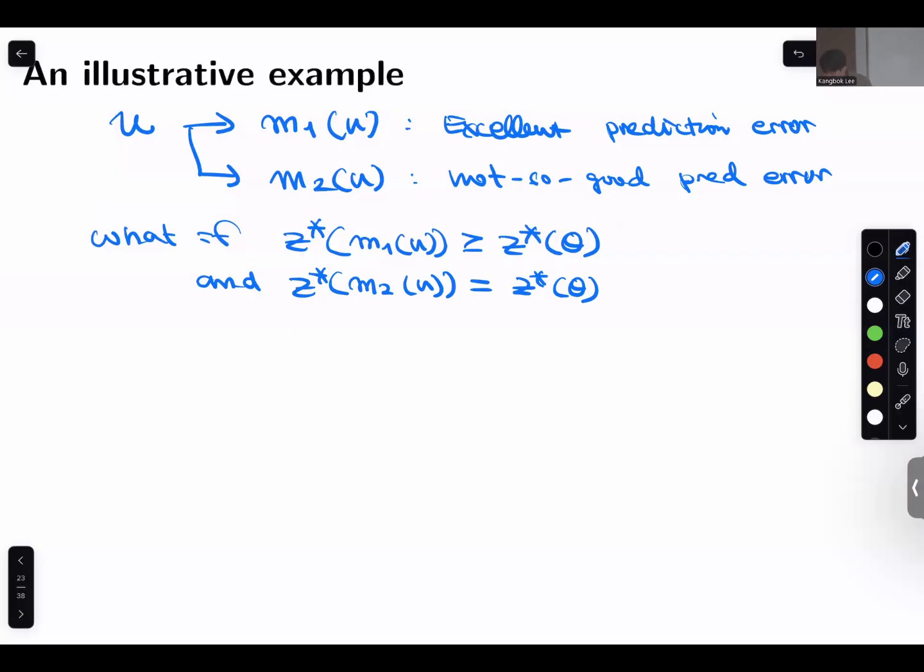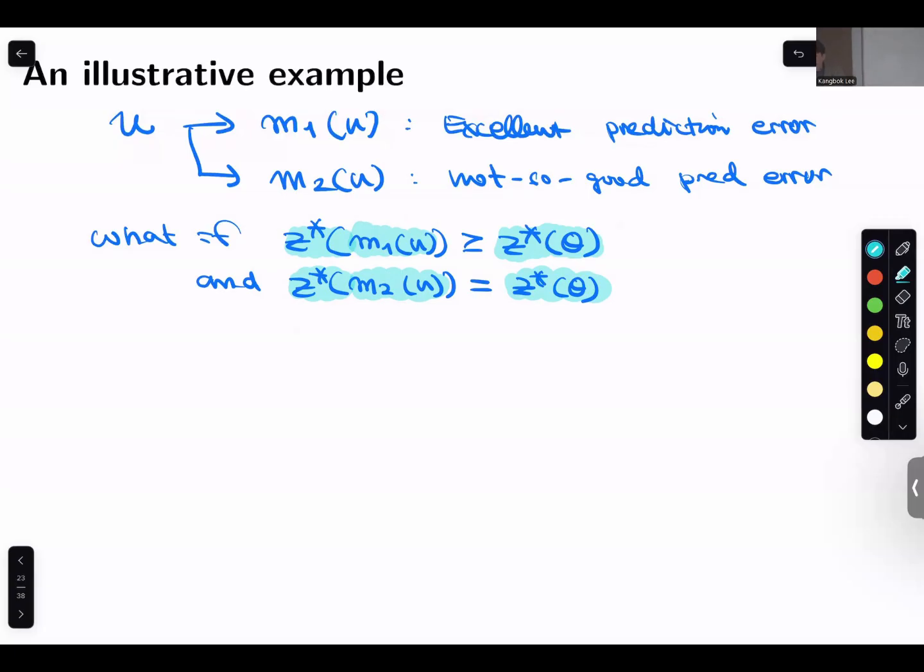What we see is that when you plug M1 into your optimization problem, the optimal objective value can be greater than Z hat of theta, where theta is the true parameter. Whereas if you use M2 of U, the second predictor, surprisingly, it achieves the optimal value when used for the optimization problem.